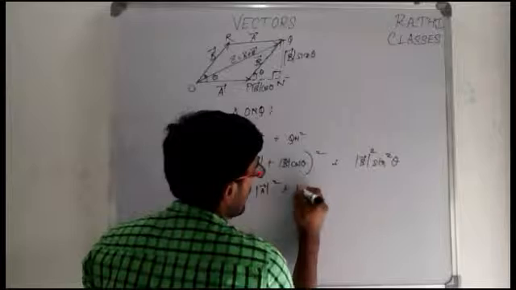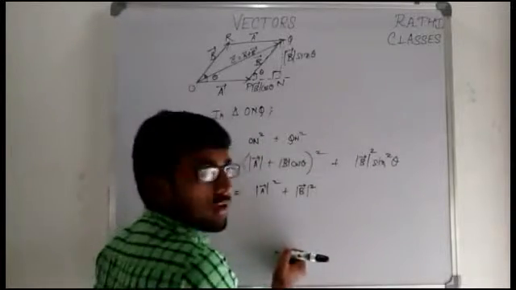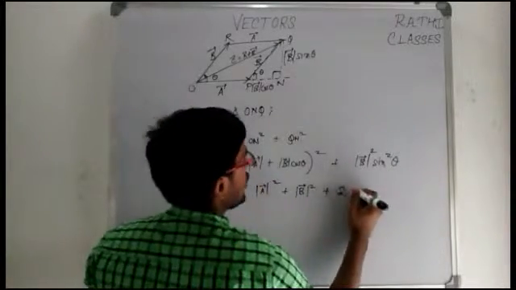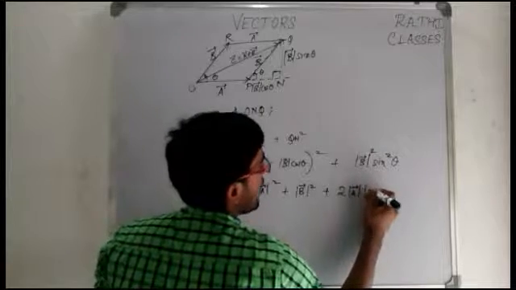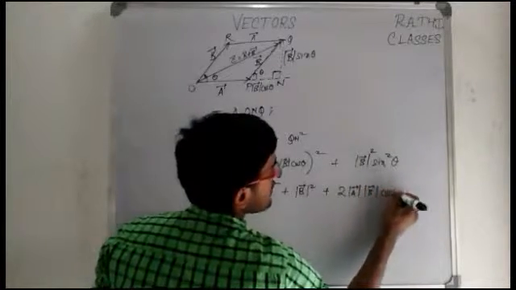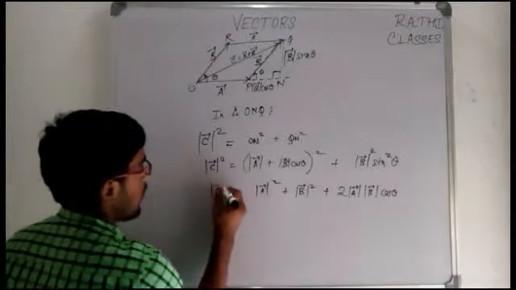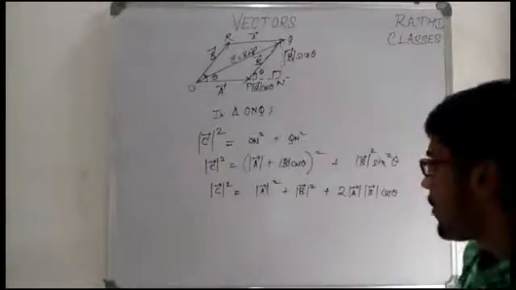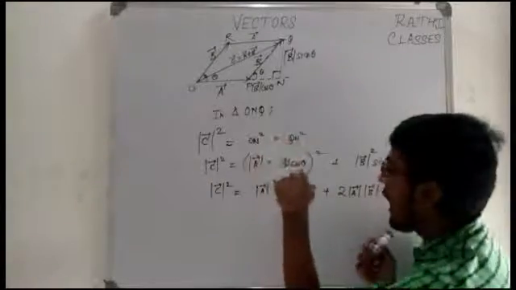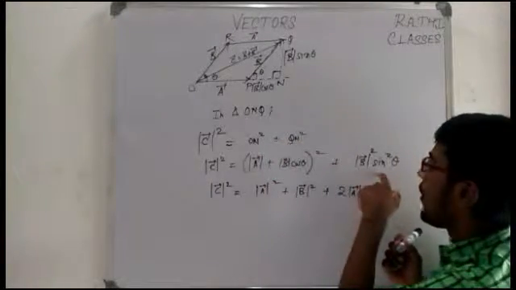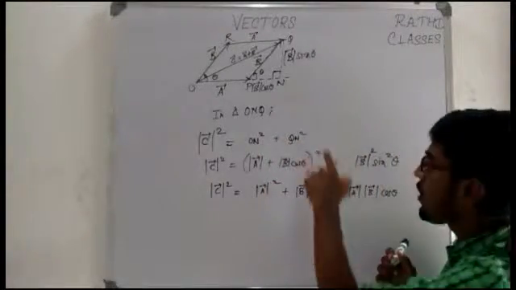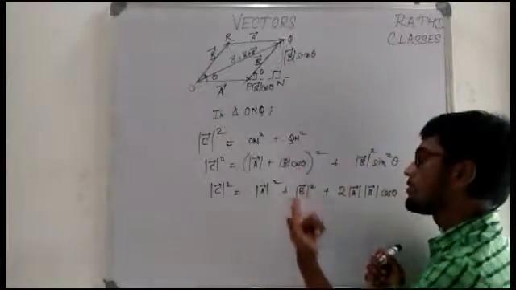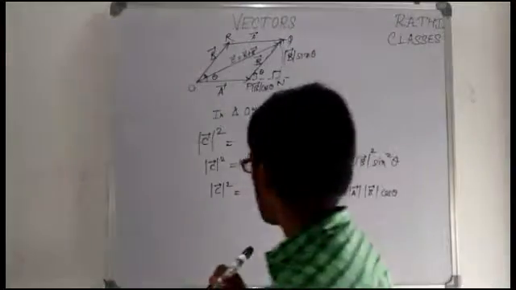So I can write it as mod B square. And I get another term which is 2 mod A mod B cos theta.